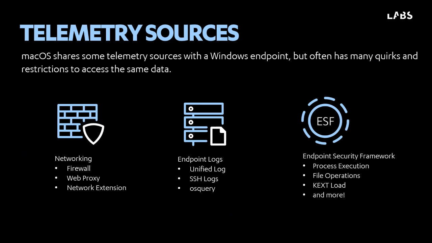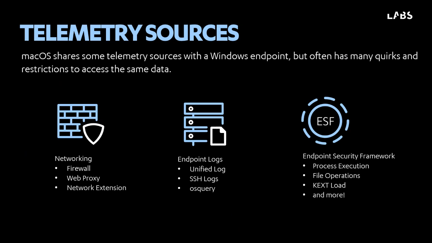We've got endpoint logs. There's something called the unified log, which is Apple's attempt to stick all the logs in one place. If you use Console.app on a Mac device, you can see all these logs and query them there. There are other things like SSH logs and a tool called osquery, which I won't spoil too much, we'll talk about it shortly, but it is a way of getting information from your endpoints.